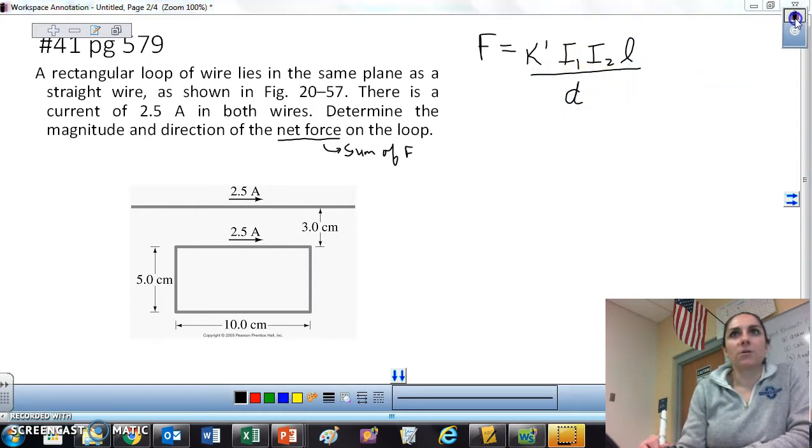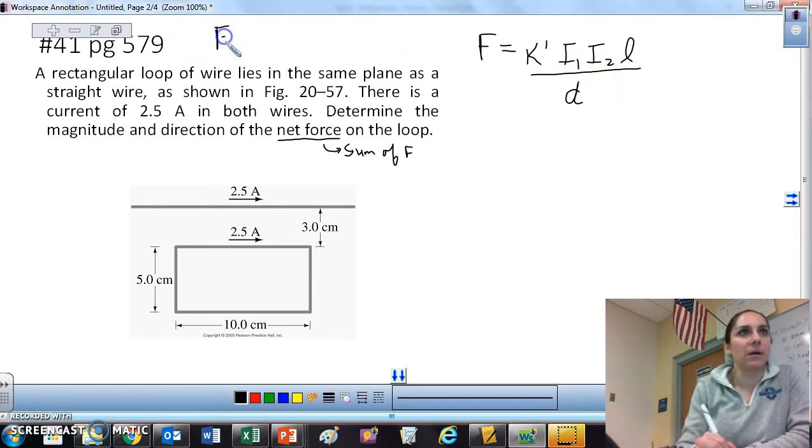So just a quick recap of this. This all stems from the fact that we can get a magnetic force from a current carrying wire as I, B, and L. But where this extra stuff comes from is the B comes from the wire. So that's the K prime I over D. So that's basically where this extra I comes from.